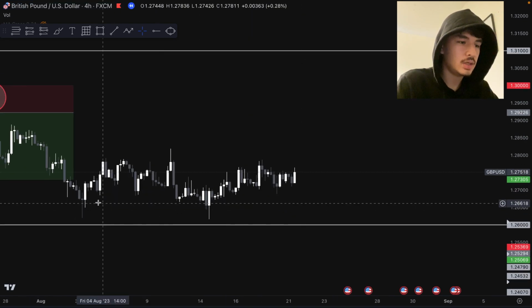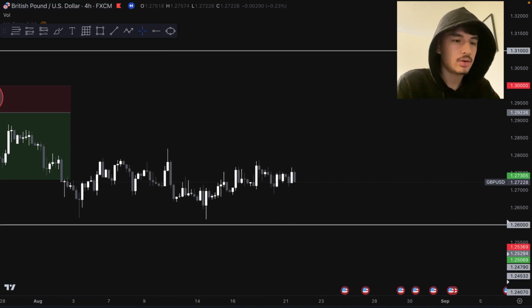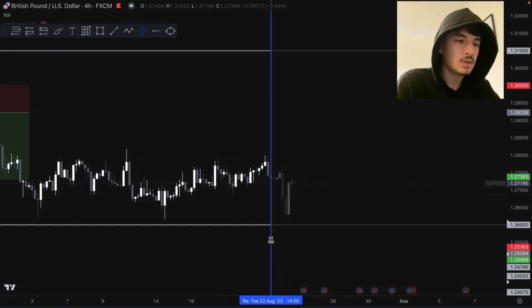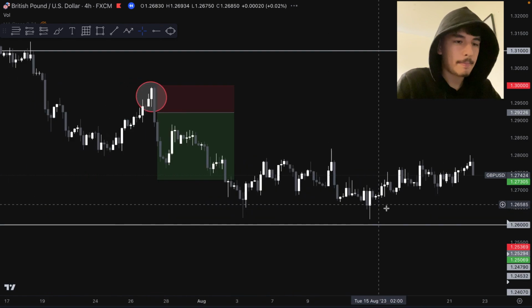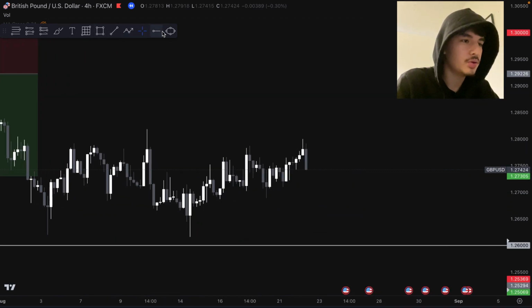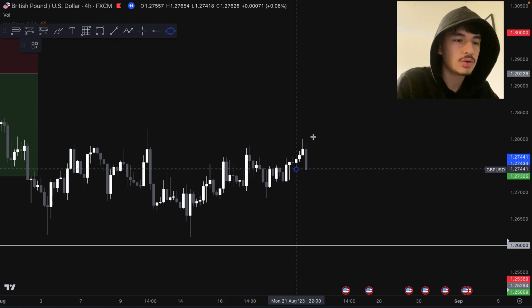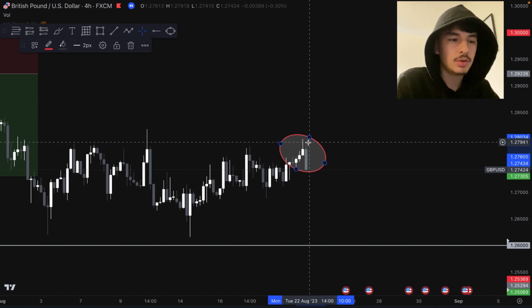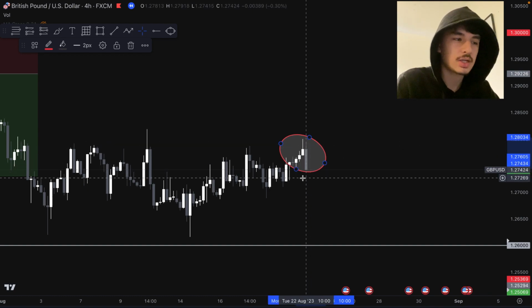Do we see anything here? No, so we carry on playing. Here, this is where we've seen one. Boom. So we see a three line strike here. Perfect, clear as day, beautiful. This is exactly a textbook three line strike, because we see the three bullish candlesticks before a huge bearish candlestick.